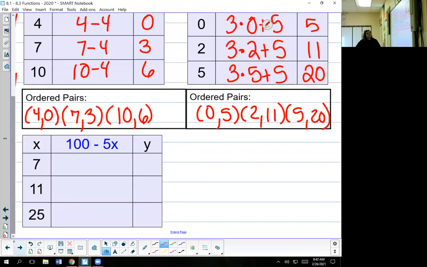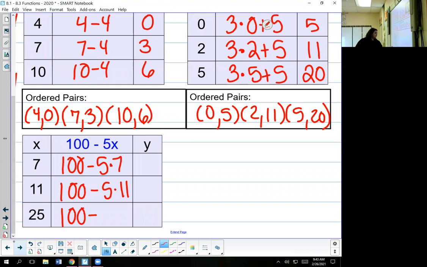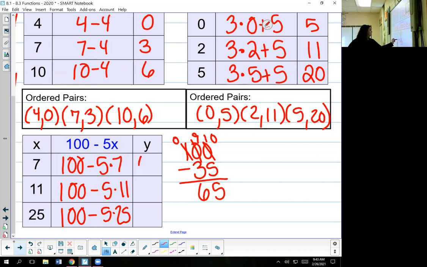Okay, however, we get to this one and then I trick kids up here. So this one is 100 minus 5x. So I would do 100 minus 5 times 7, 100 minus 5 times 11, 100 minus 5 times 25. But according to the order of operations, you should be multiplying before you add or subtract. So the first one is 100 minus 35, and then that gives you 65.